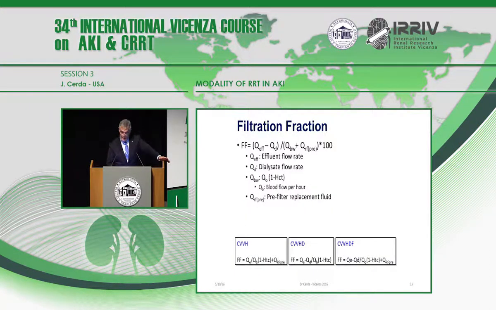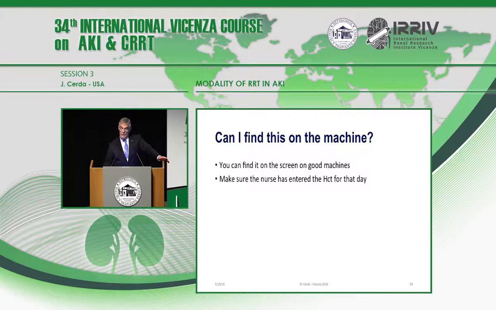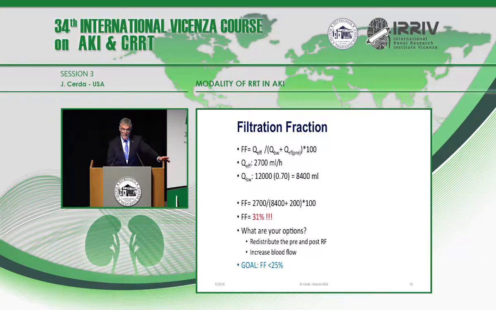You can find the filtration fraction on the screen, as good machines have it. Make sure that the nurse entered the hematocrit that day, because you need it to make the calculation. If you have it, you'll find that the filtration fraction is 31%.